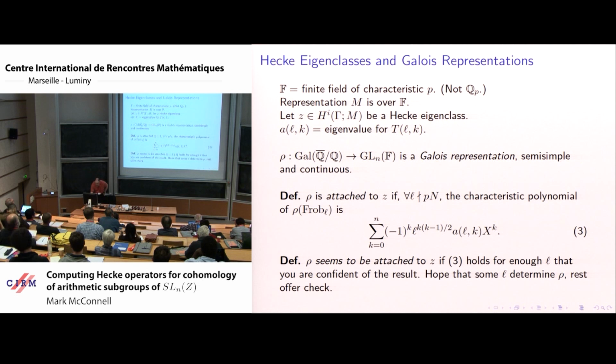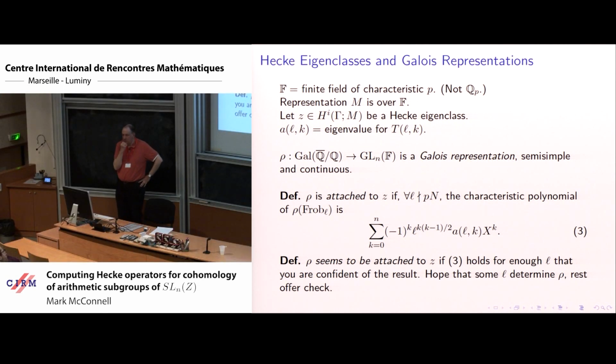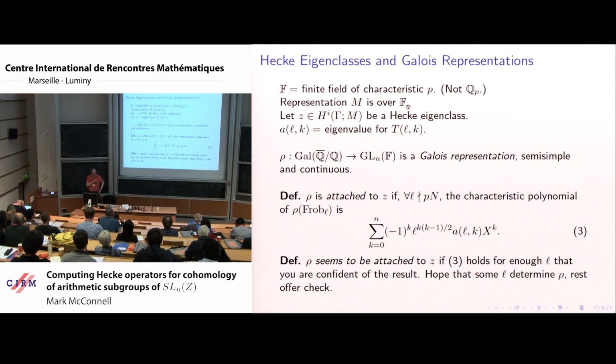Let F be a finite field of characteristic p, not Q_p. I'm taking a p-adic Galois representation and modding it out down to a finite field. And let's say that this representation M I'm working with is now over the field F.